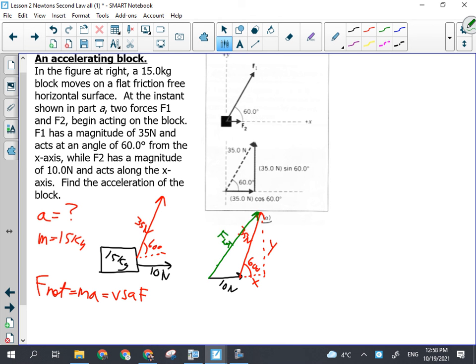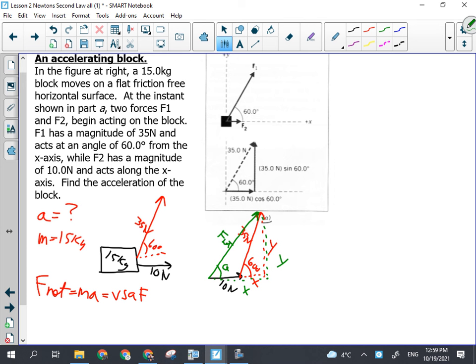Okay, so that line is going to be F net. Just like the question you had on your unit exam, except instead of displacements, it's forces.